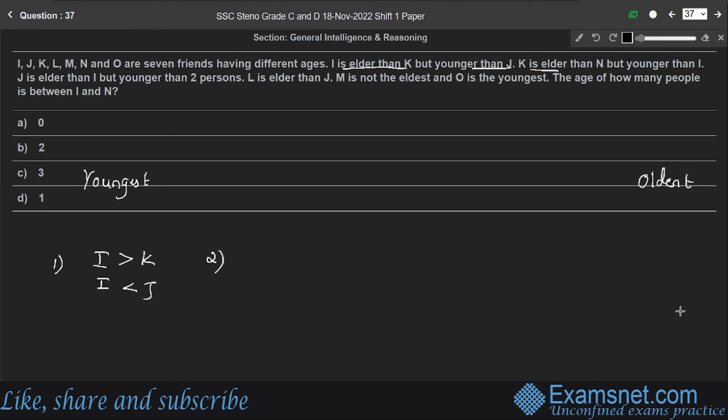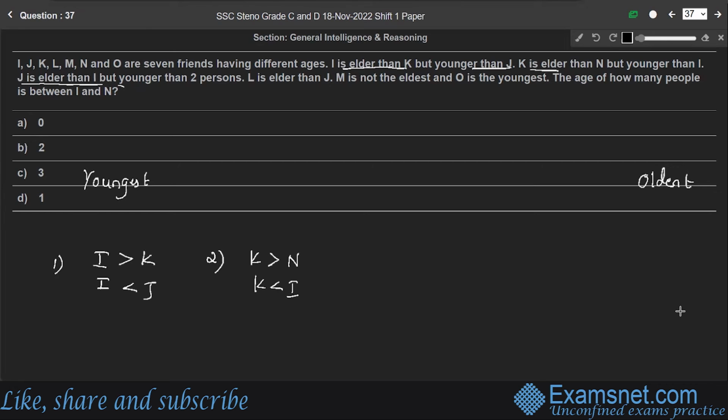K is elder than N. We'll consider K is greater than N, but younger than I. That means K less than I. Then J is elder than I, but younger than two persons.